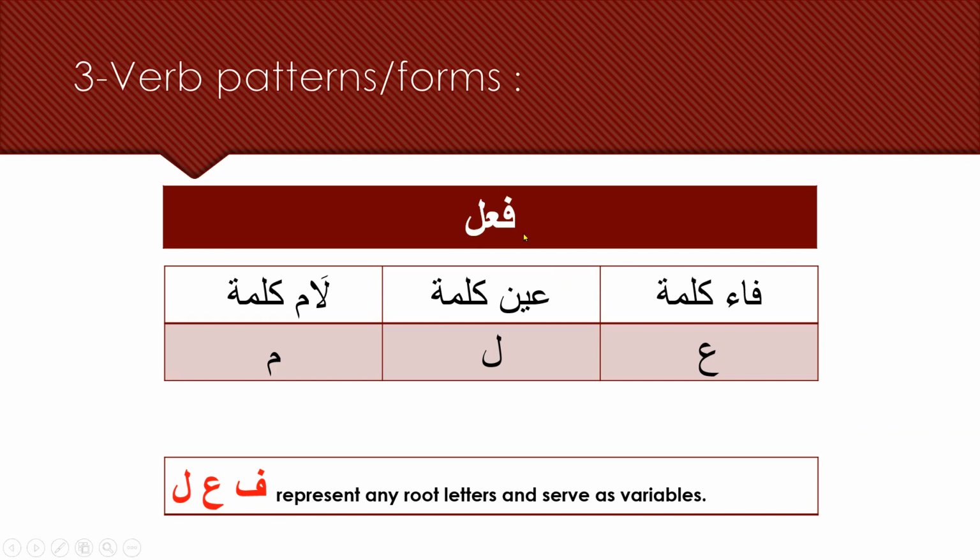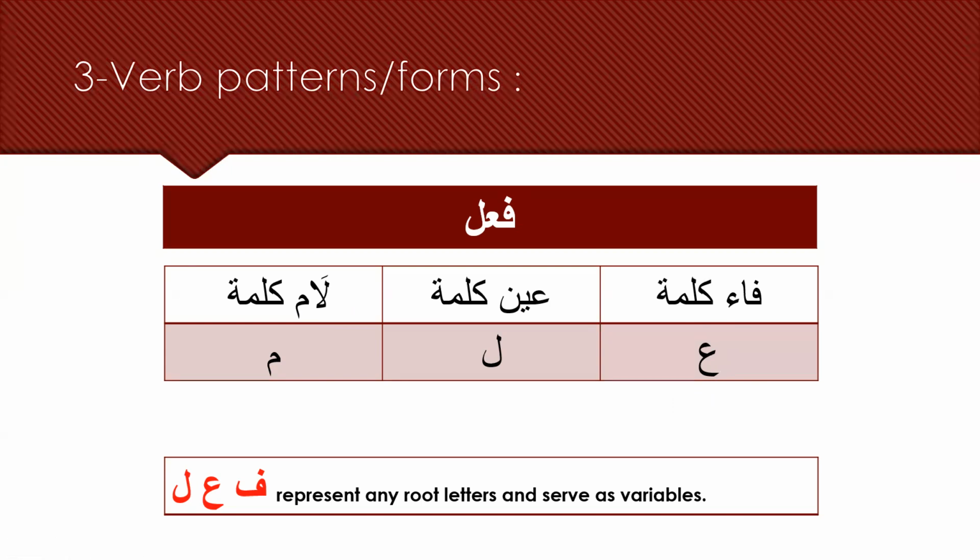So the default variables that we can take to make other words are taken from this fa kalima, ain kalima, and lam kalima. And then we can put multiple letters here to form words. And the most basic, I mentioned, is family one.